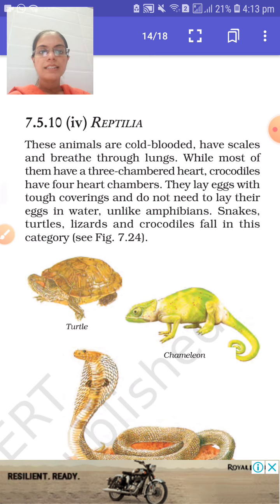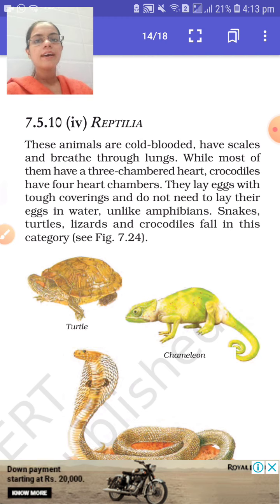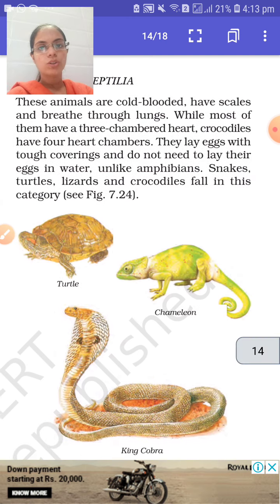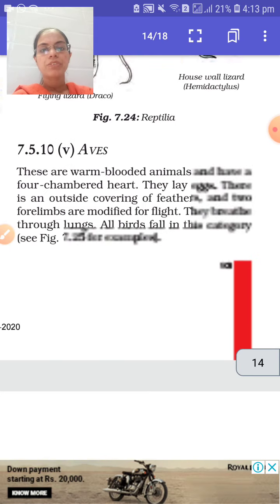Snakes, turtles, lizards and crocodiles fall in this category. If we talk about reptiles, they used to walk on their stomach. They are crawling; they don't walk. That's why they are known as reptiles.